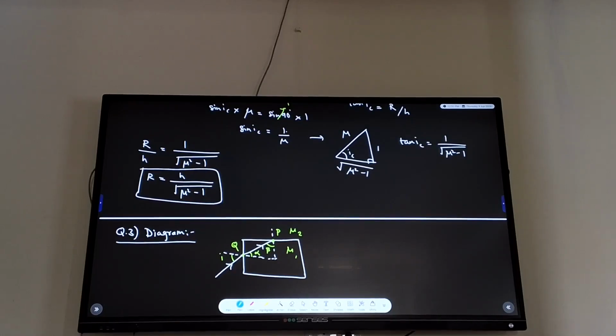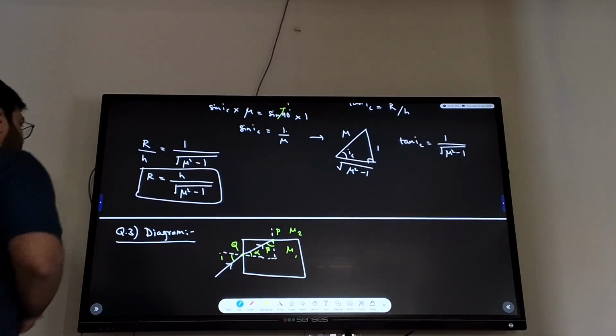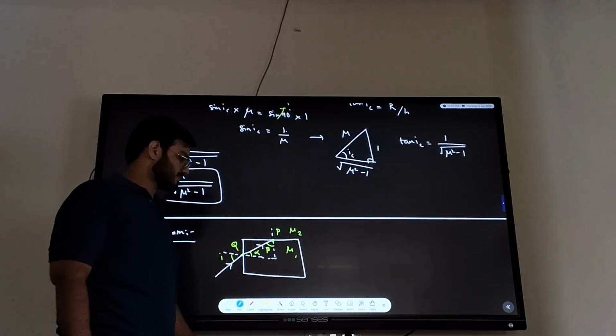Okay, we will write it. Change the options. Yes, anybody with the answer? Option D is correct. Option D. This was fairly simple.